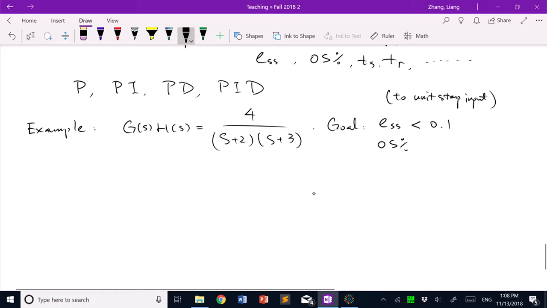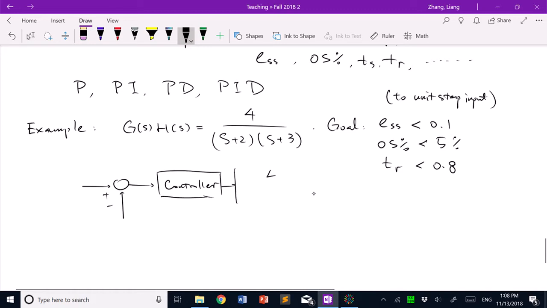In addition, we want the percentage of overshoot to the unit step input to be less than 5% in transient, and I want the rise time to be less than 0.8 seconds. I want all three goals to be satisfied simultaneously by applying a feedback controller in the following manner.